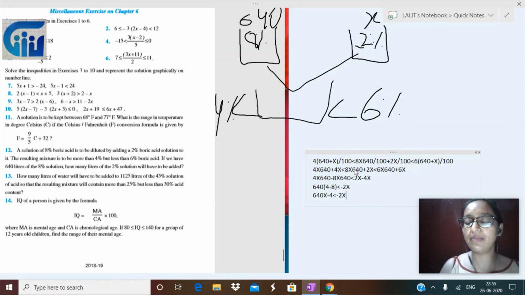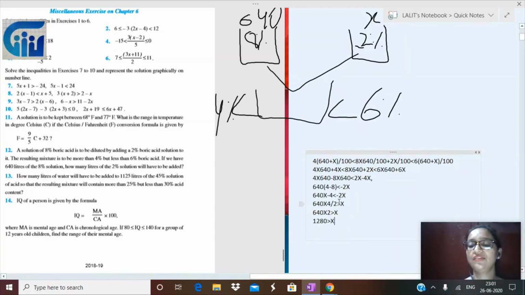Now if we divide by minus, the sign of the inequality will get inverted. So we will have 640 into 4 divided by 2, right? So solving it further, we will just get x is less than 1280, right?